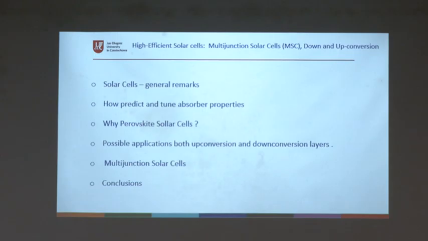We know that it is not possible from a physical point of view, but we try to improve the second coefficient. It is absorption. And one methodology is the multijunction solar cell.